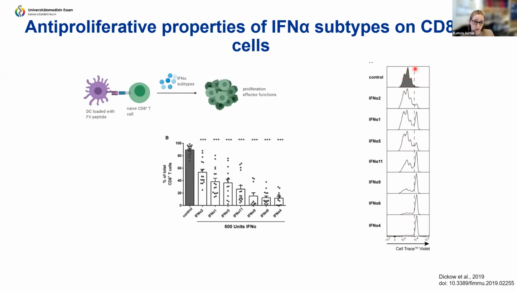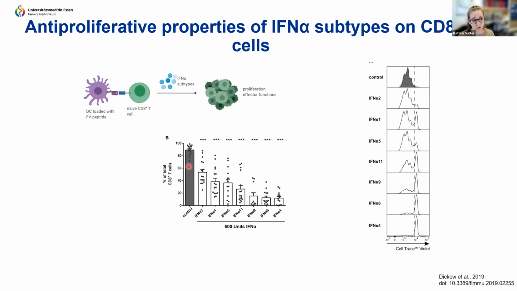So when we look at those cells which do not see interferon, you see that they strongly proliferate. Everything right from this stretch here did not proliferate, and all these cells here, they proliferated very strongly. And you see that for some interferons, like here for alpha 9, alpha 6, alpha 4, the proliferation was strongly inhibited.